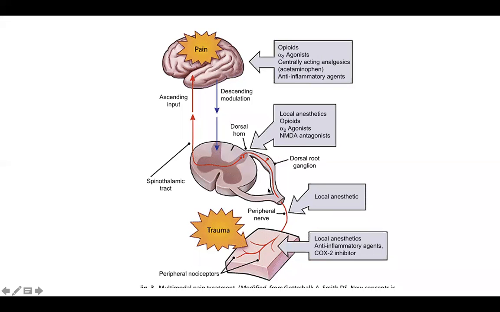Opioids also will be very useful here. Then NMDA antagonists are very useful here. These are all in the central nervous system. Then this nerve fiber can be anesthetized by local anesthetic to reduce the pain.